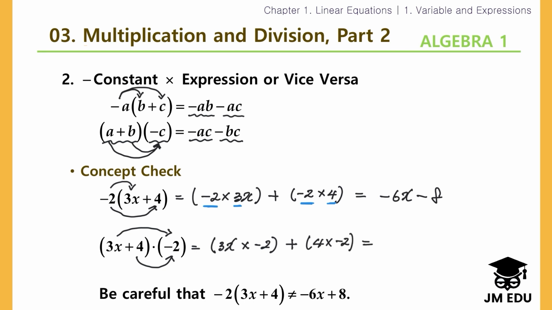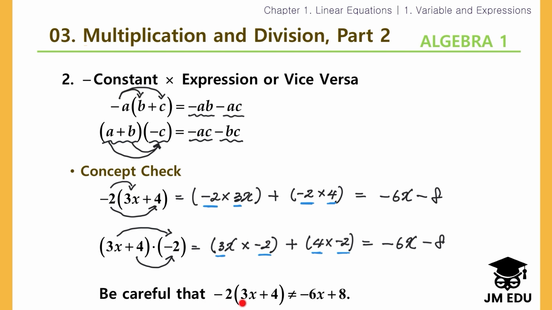So that is equal to 3 times negative 2, that's negative 6, so negative 6 with a variable x, plus 4 times negative 2, that's negative 8, right? So we have minus 8. Does that make sense?